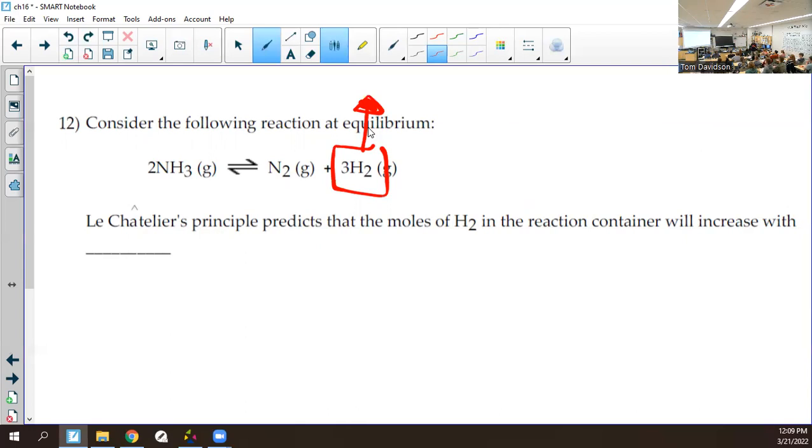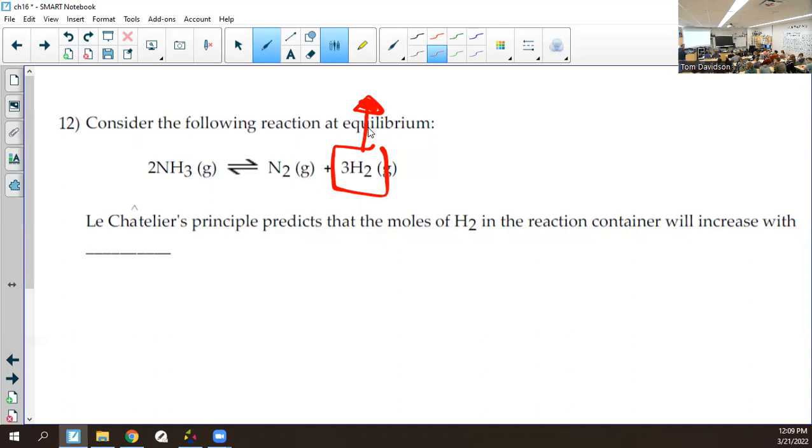Or a trickier one, decrease pressure. Good, that's the right answer. What's the third way? Remove N2. That seems like it'd be backwards, but remember, if you take away, the system fights that by making more over here. Someone said the word heat, but we don't know where the heat term is.